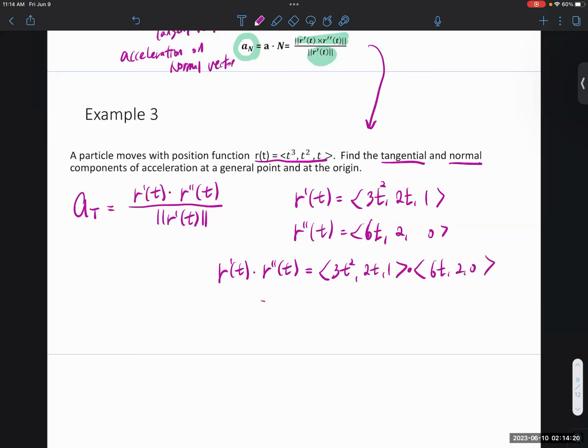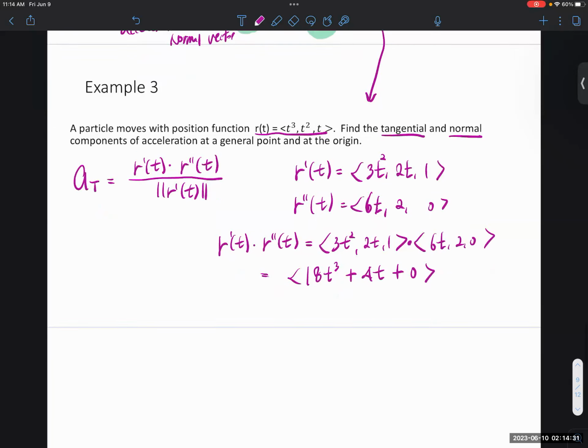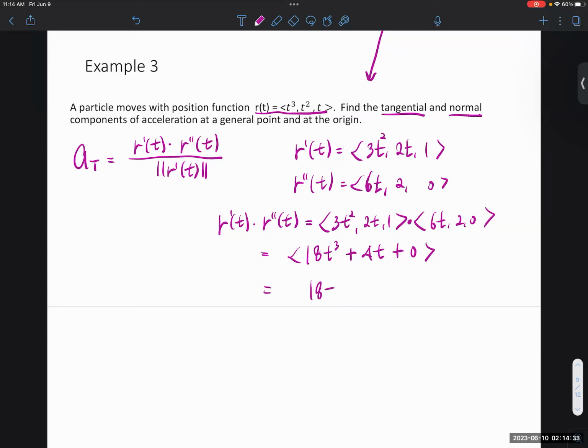We know how to do the dot product: 18t cubed plus 4t plus 0. So this is your dot product, 18t cubed plus 4t. The dot product gives you the outcome as a scalar.